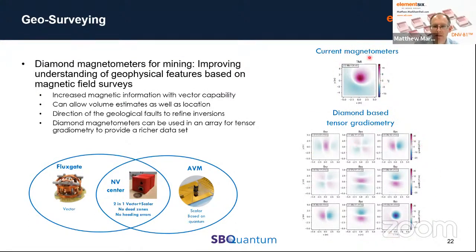So instead of just getting single data points, you can get a multi data point system, using an array of sensors, and that allows you to get a lot more information than you typically get using a standard magnetometer system. So, for example, you get more information that allows you to estimate volumes of material that you want to mine, and also detect geological faults.